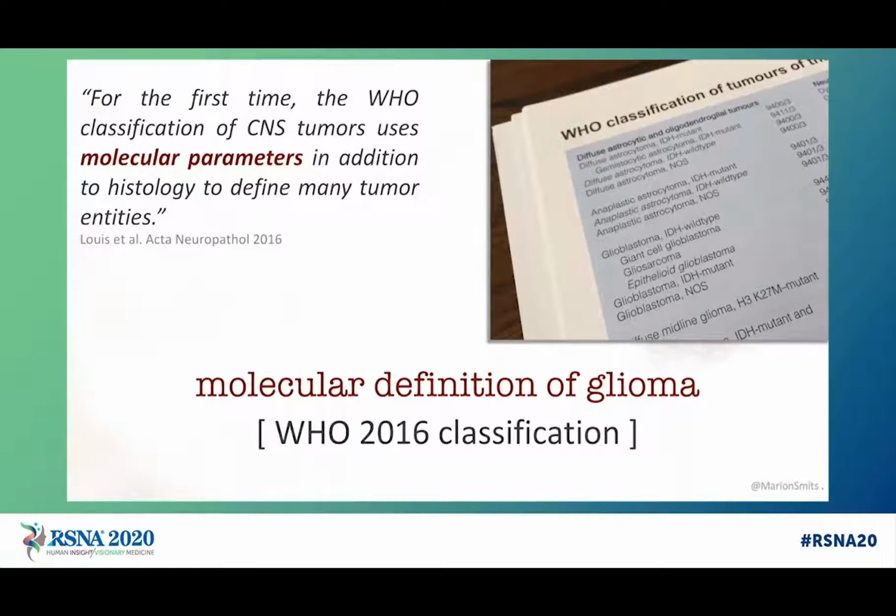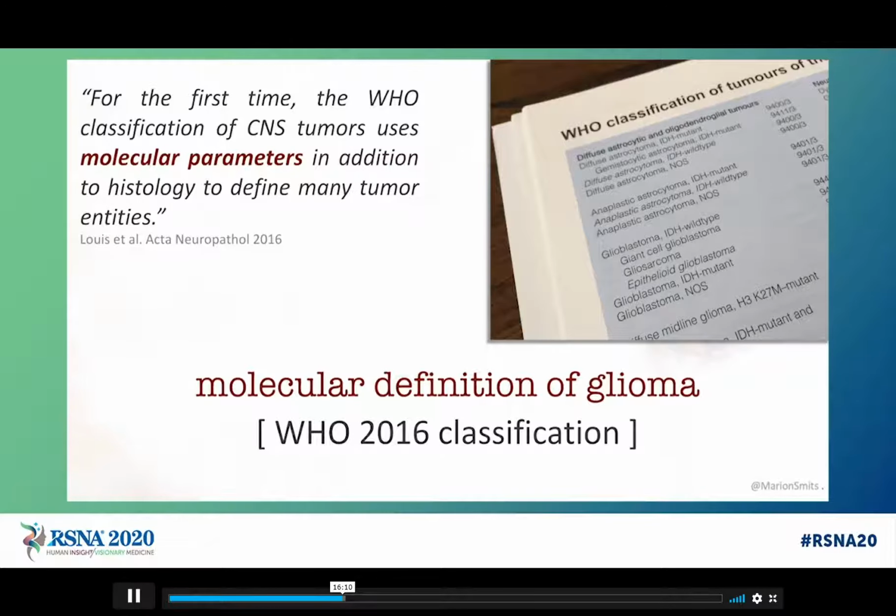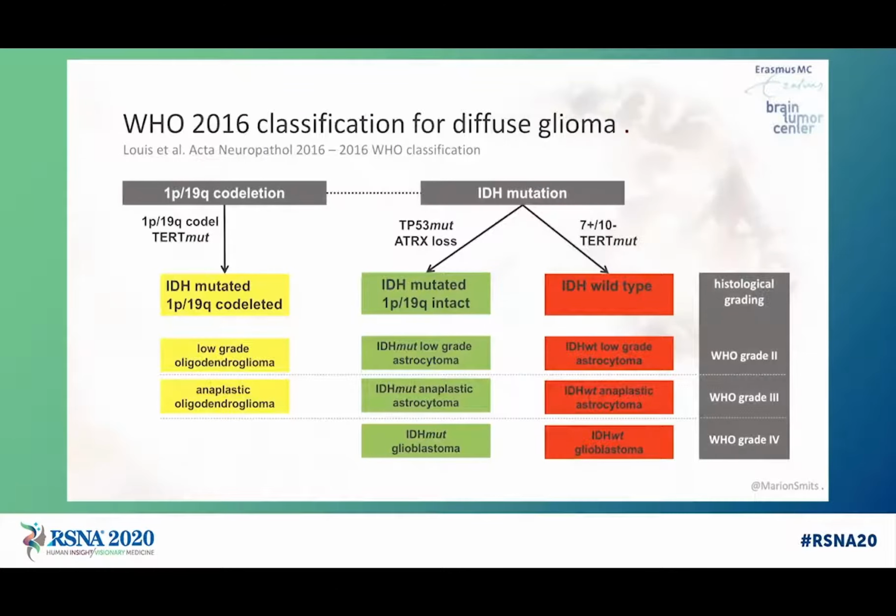So let's start with the molecular definition of glioma, which was introduced for the first time in the WHO classification update in 2016. The WHO 2016 classification consists of a layered diagnosis of histology for grading and molecular parameters to classify adult diffuse glioma.